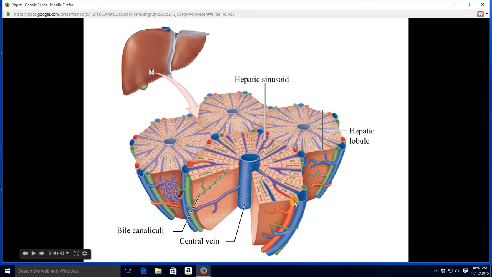Each has 2 blood vessels at every corner and a bile duct at every corner. Each has some rows of liver cells or hepatocytes and some sinusoidal capillaries, really wide open twisty capillaries running between the blood vessels in the corner and that central vein.